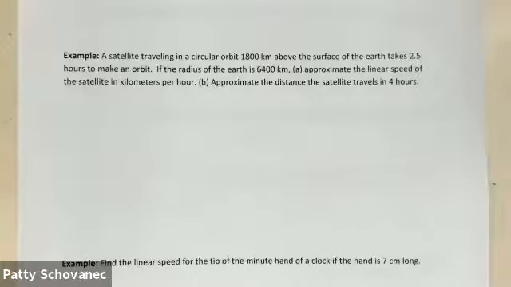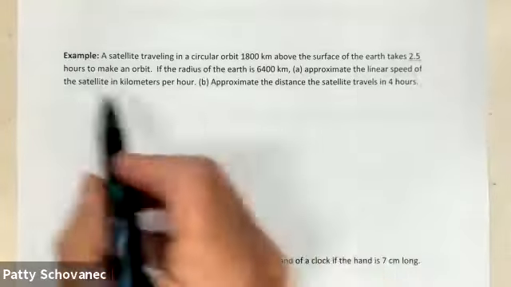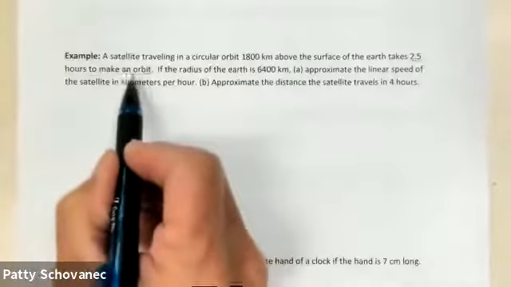So maybe what you've seen is computing linear velocity is easy if you have angular velocity. So let me see if we got any information about angular velocity. It takes 2.5 hours to make an orbit.